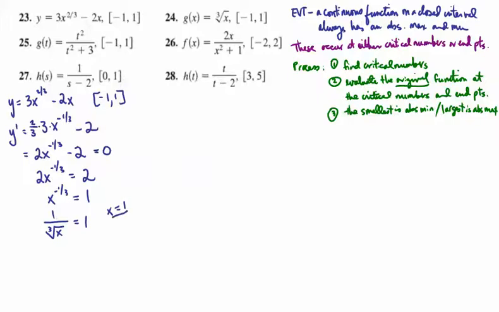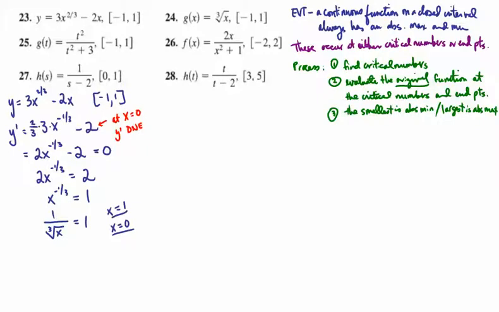However, a value of x equals 0 will make that derivative undefined. And so I'll put a note up here. At x equals 0, y prime does not exist, and so x equals 0 is very much a critical number as well.